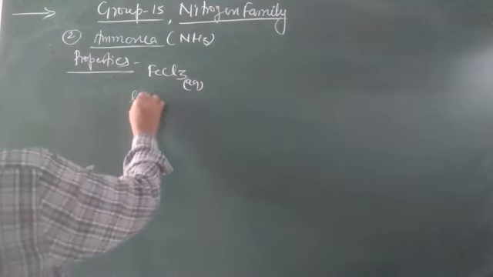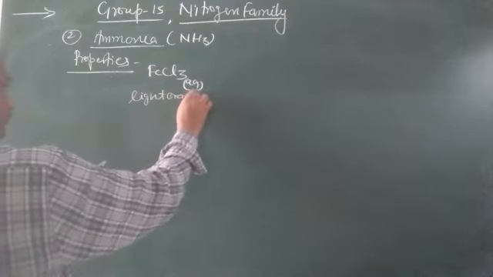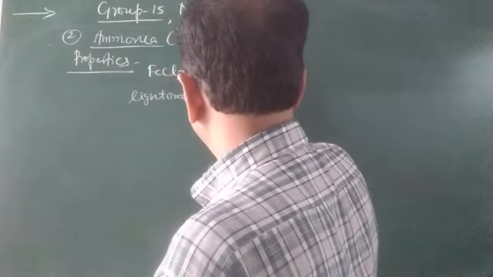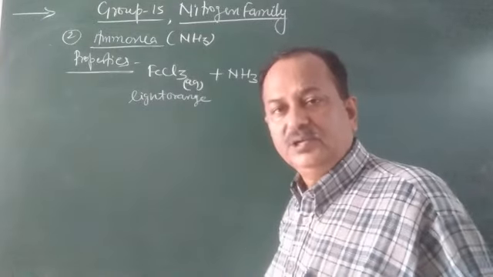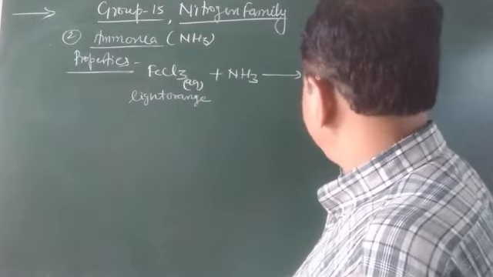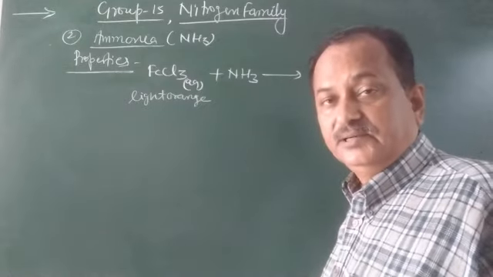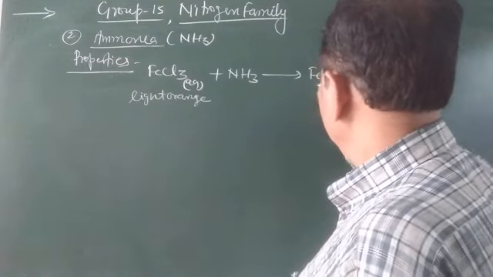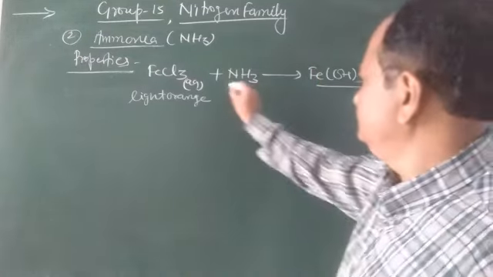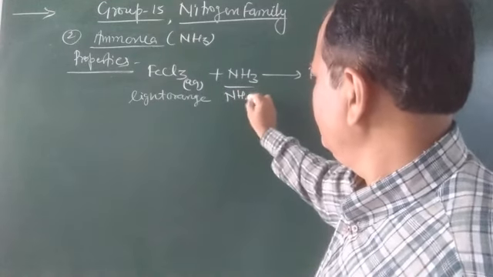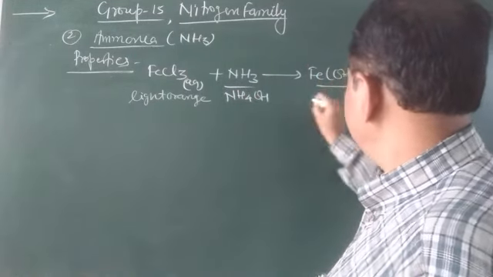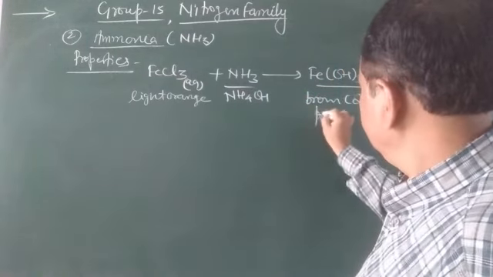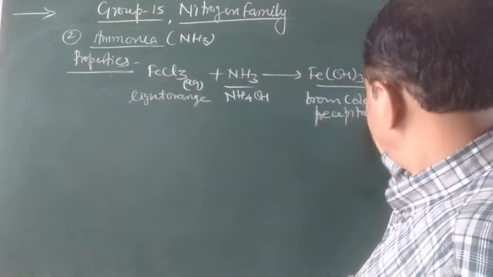It has a light orange color, and when we add NH3 or ammonium hydroxide, there is formation of brown colored precipitate of hydroxide.